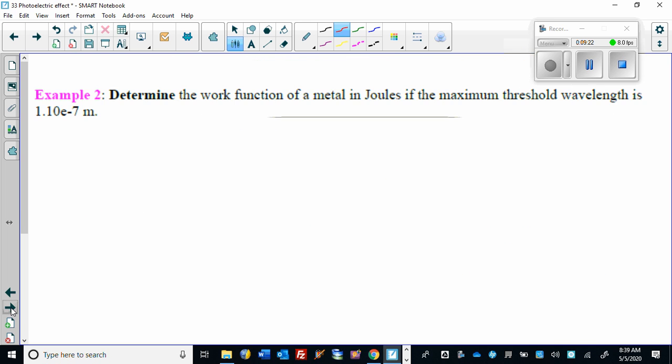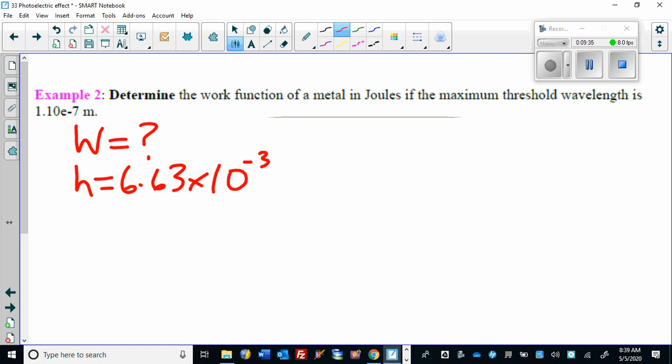Example number 2 says determine the work function of a metal in joules. In joules, this time we're trying to find W, and we're finding it in joules, so we're going to use the 6.63 times 10 to the negative 34 joule seconds for Planck's constant.